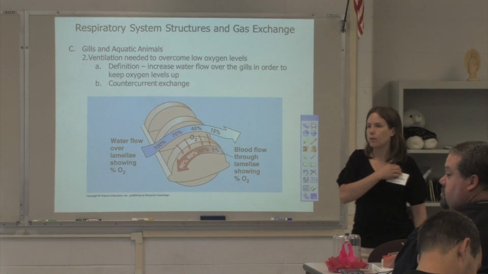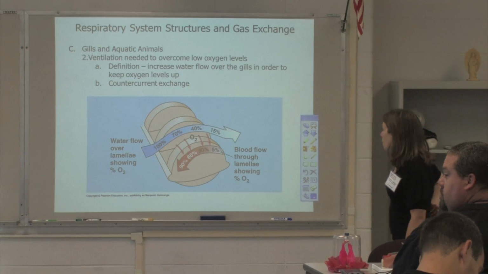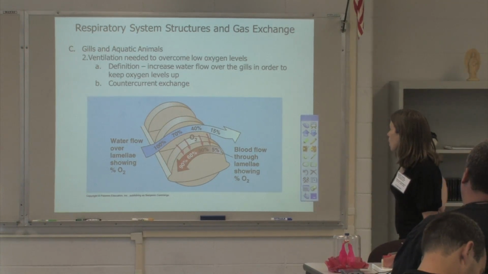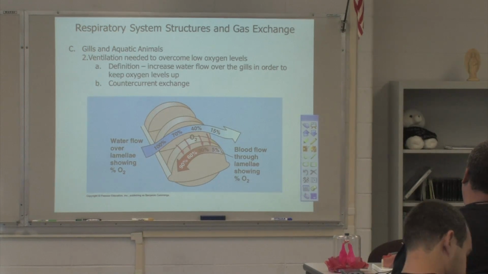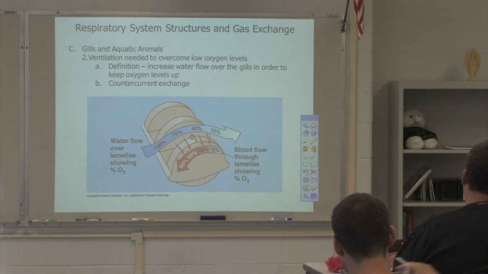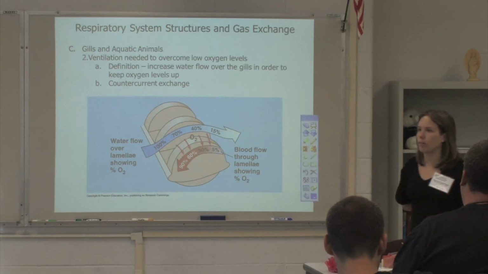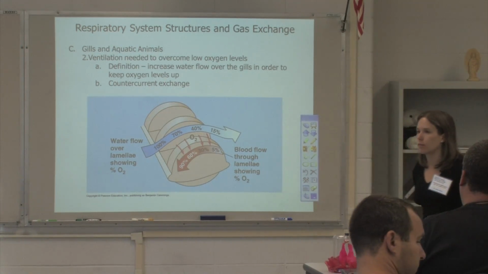Just for scale purposes, that's only like 5 millimeters probably in diameter, or the most of a typical fish. Like size? I wouldn't even think it would be that. A millimeter? Yeah, it's probably smaller than that.